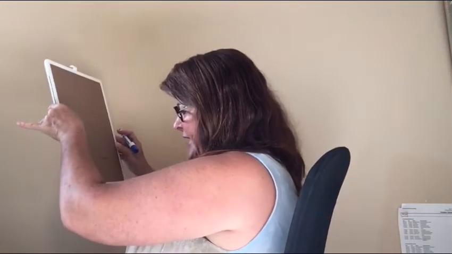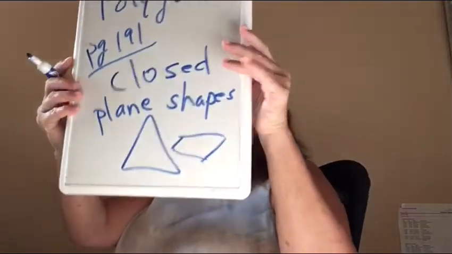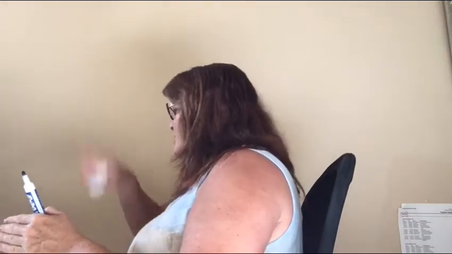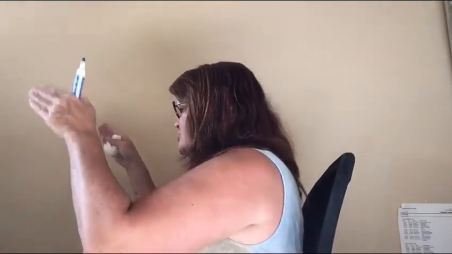A quadrilateral has 4 sides, 4 angles, and 4 vertices. That's not a good drawing of a quadrilateral. These shapes are straight. There's no curvy lines. They are straight. So that's what you need to remember about polygons.